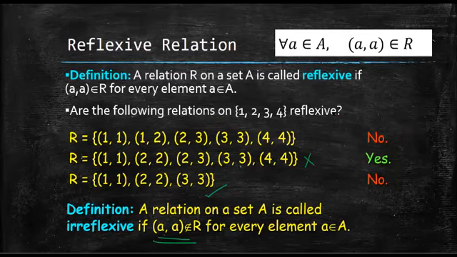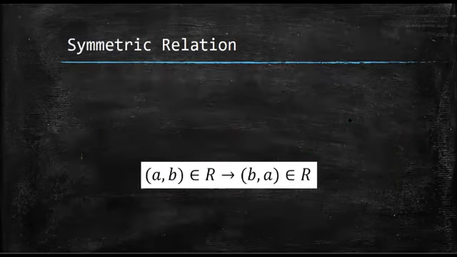Okay. Now the next thing is symmetric relation. Symmetric relation can be defined in this way. A relation R on a set A is called symmetric if A comma B belongs to R, then B comma A should also belong to R. Okay, this is the implication sign.